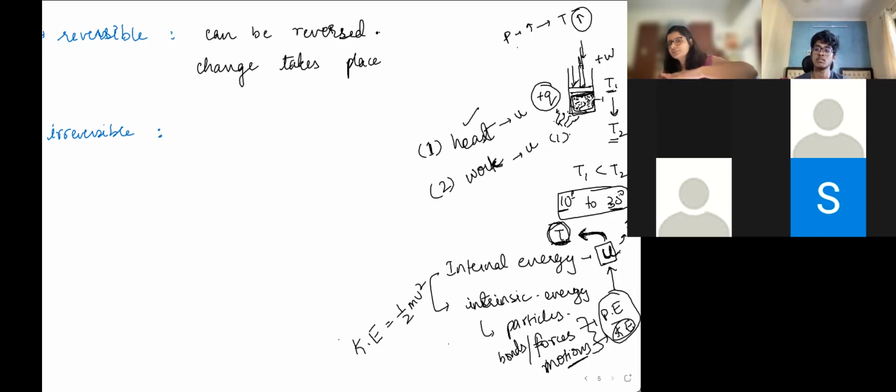Because it's happening slowly in a stepwise manner, I can also change the conditions, and once I change them, the process can be reversed. Which is not the case when I don't have any control over changing the conditions, like in the case of applying heat.